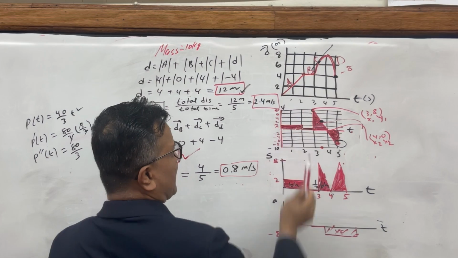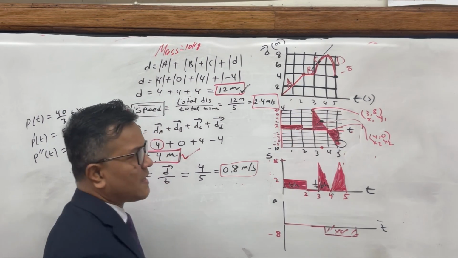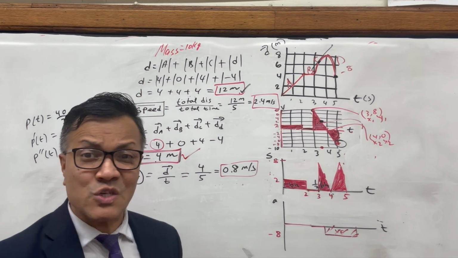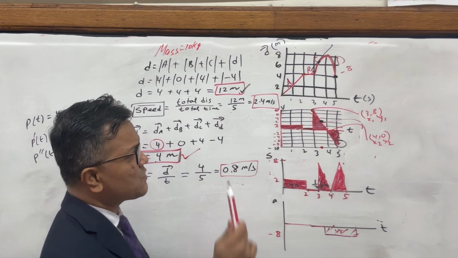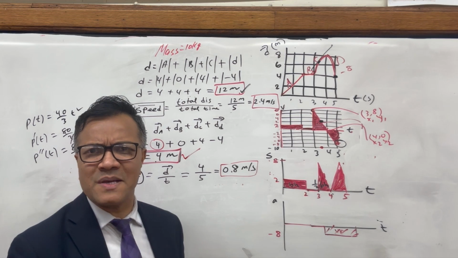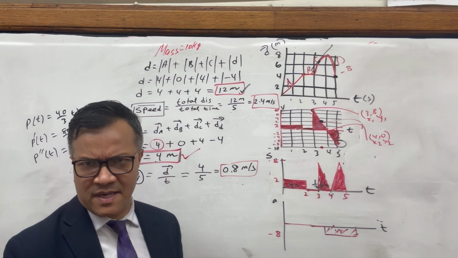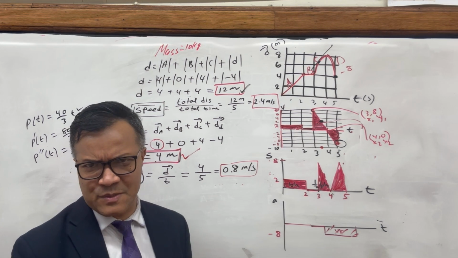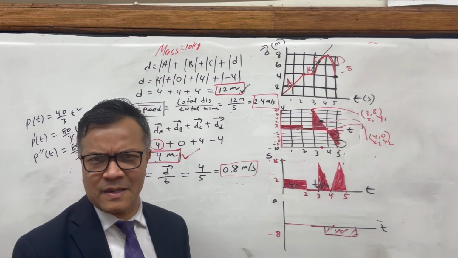From 0 to 2 seconds, acceleration is 0. 2 to 3 seconds, acceleration is 0. 3 to 5 seconds, acceleration is negative 8. So acceleration is not constant through 0 to 5 seconds. So this is not the best example to do the acceleration versus time graph, and expect the area under it to be negative 8, or the final velocity.